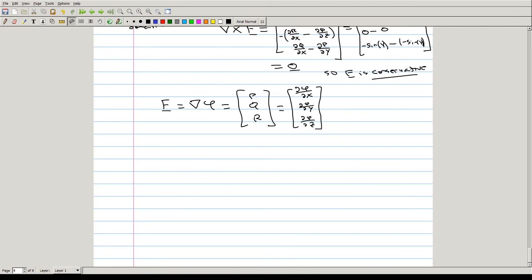So what we're going to do here is we just consider the integral. We know that the indefinite integral of the partial derivative of phi with respect to x, integrated with respect to x, is the same thing as the integral of the function p with respect to x. And this is going to be equal to, in general, phi itself.